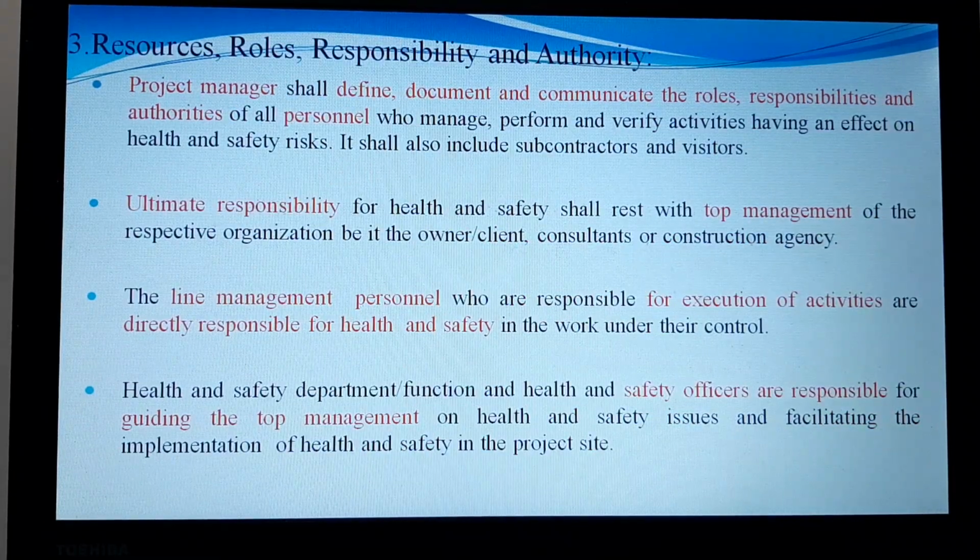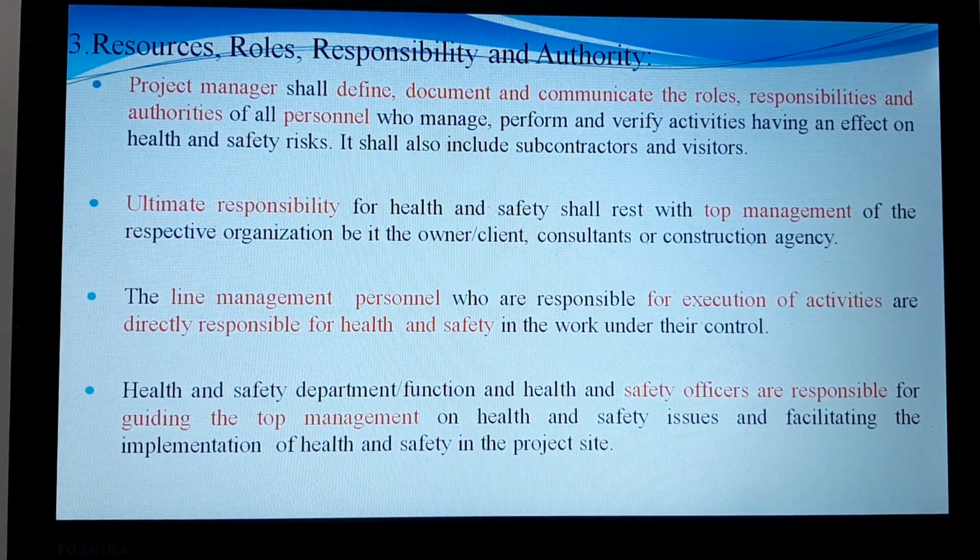Coming to the third one, it is resources, roles, responsibilities and authority. The project manager who is involved in it has to define, document and communicate the roles and responsibilities of each and every person, and who is the authority to maintain it also needs to be defined.